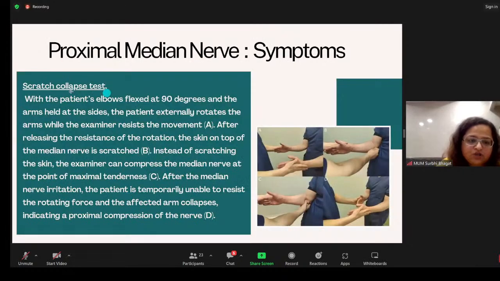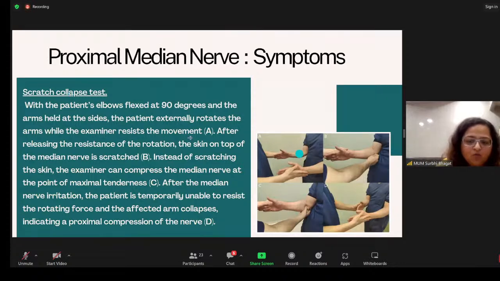The earlier one which I told you, the scratch collapse test, shows a motor neuropathy. Here you ask the patient to flex the elbows at 90 degrees with the arms held by the side. Then you externally rotate the arms while the examiner resists the movement.